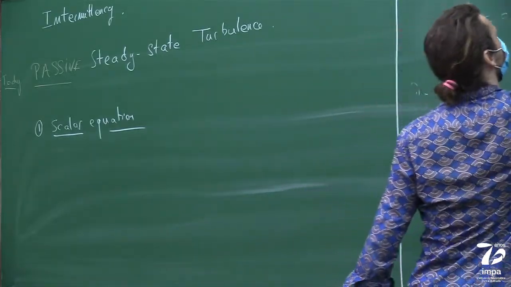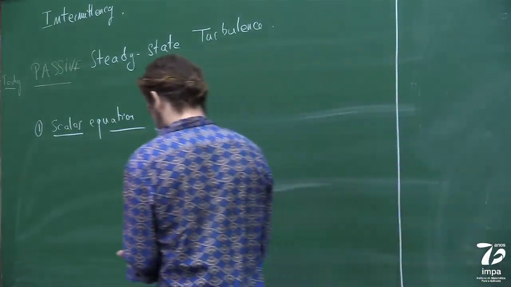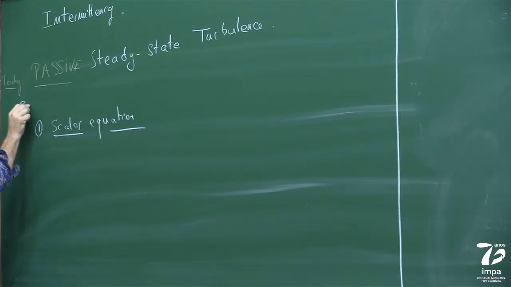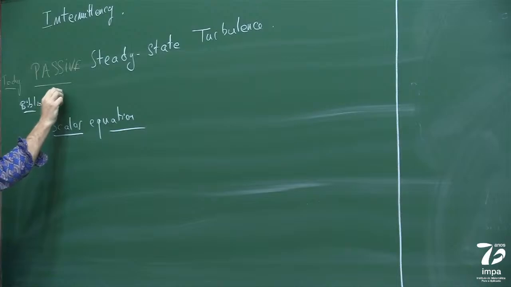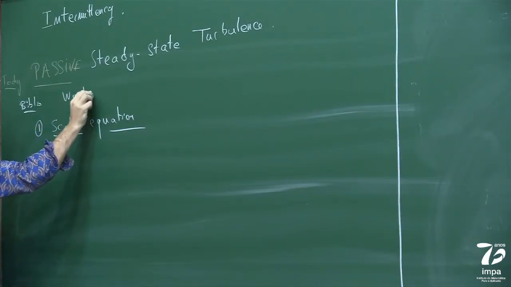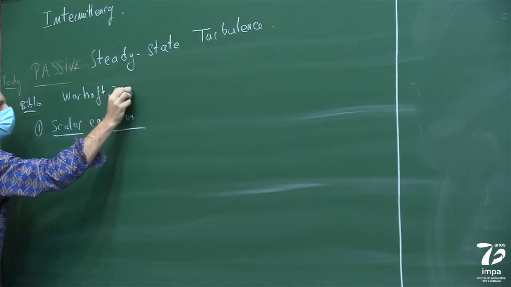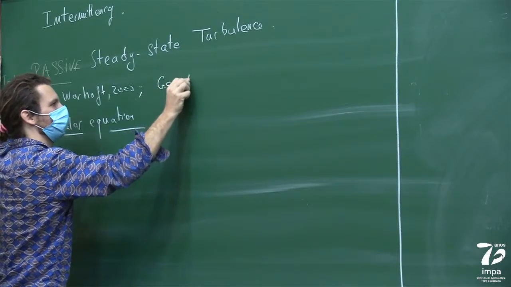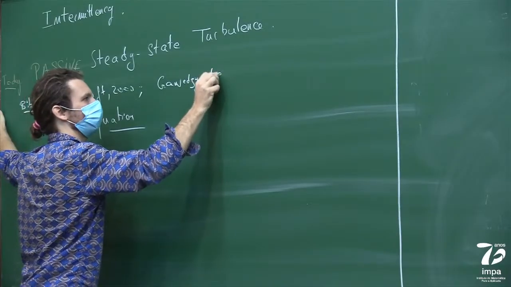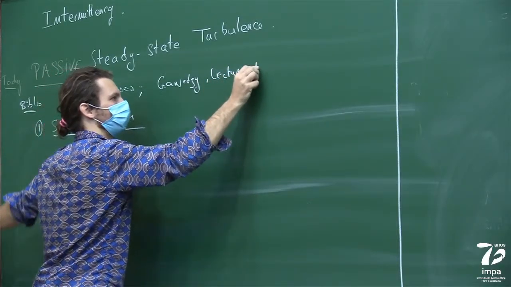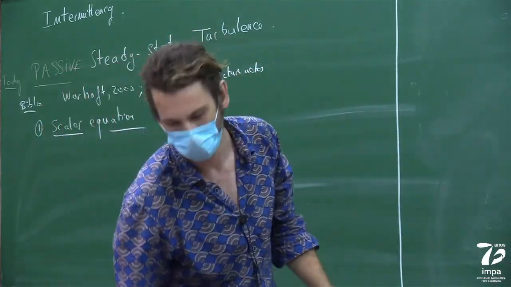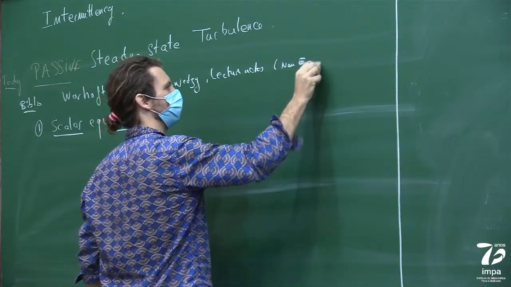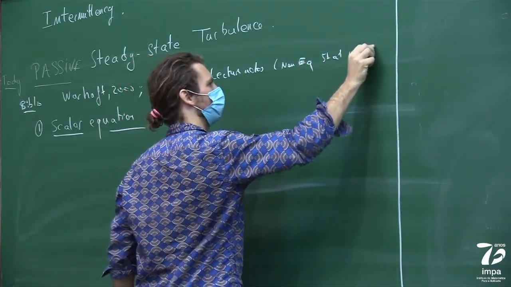So just for the sake of completeness, the resources for this course will be a review paper by Falkovich from 2000, and also some lecture notes by Gawedzki, Non-equilibrium statistical mechanics and turbulence.